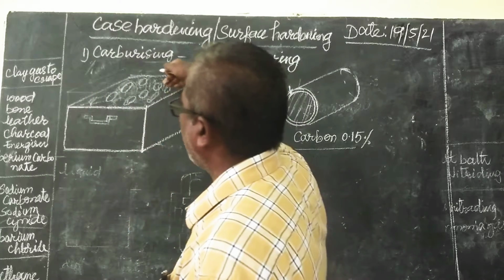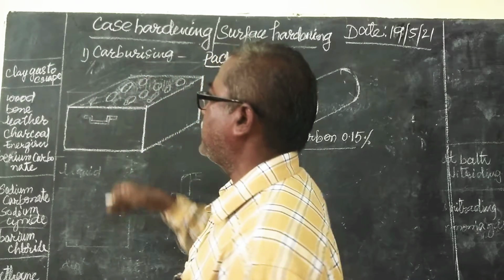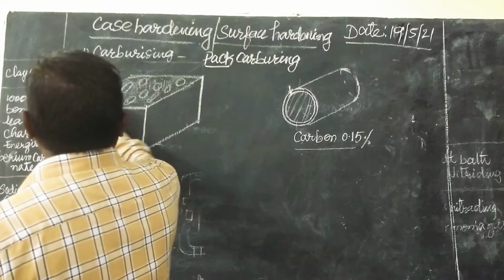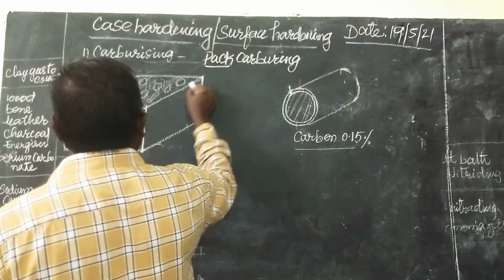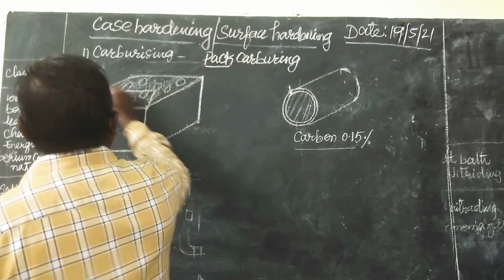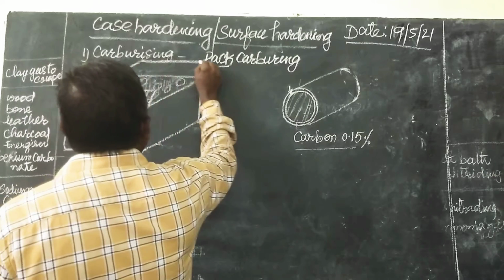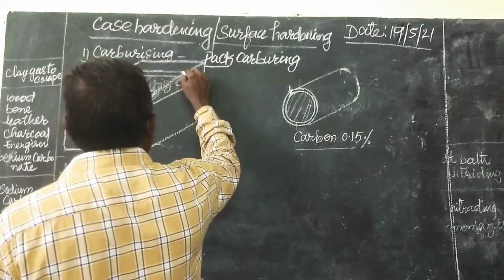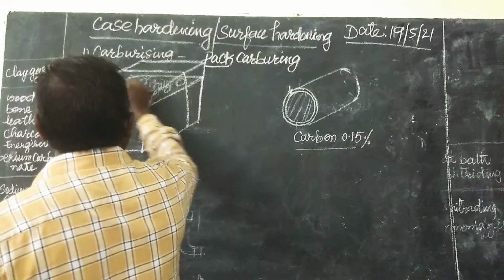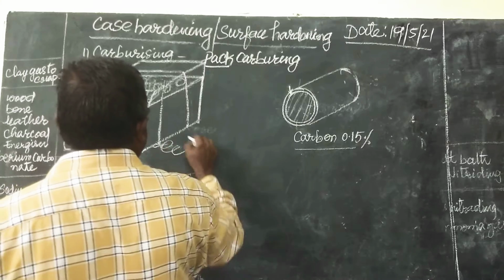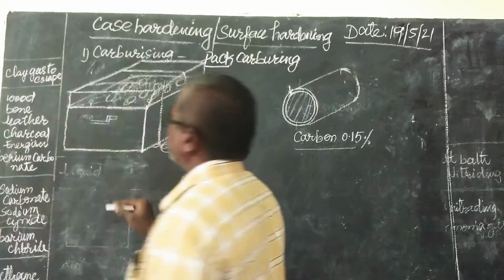The barium carbonate is added to energize. Before putting the cover, clay is kept here, then the cover is kept like this. This cover is also locked by wire, tied like this.